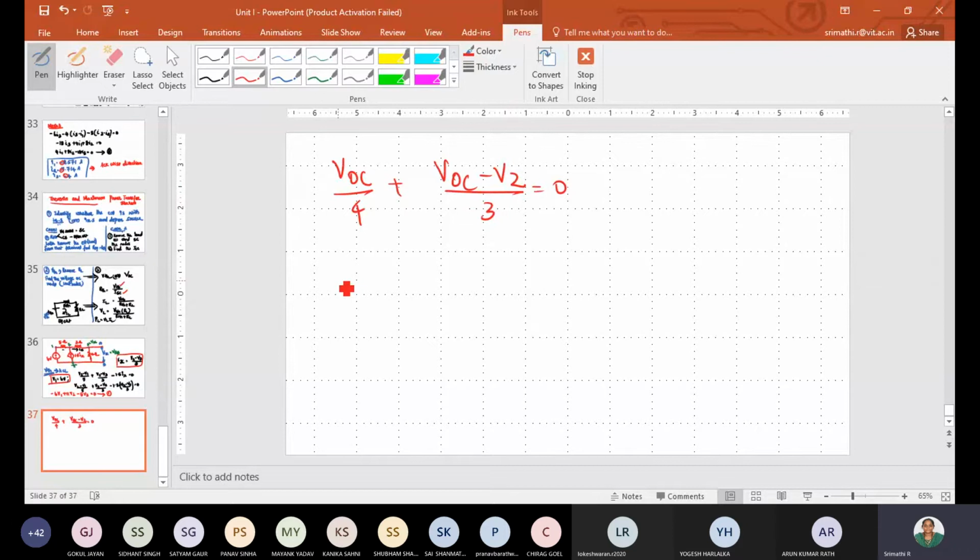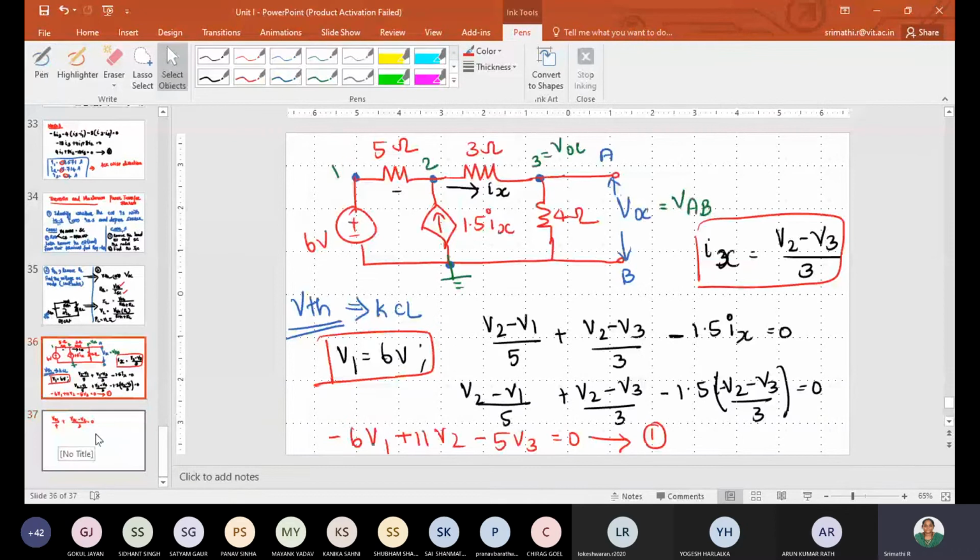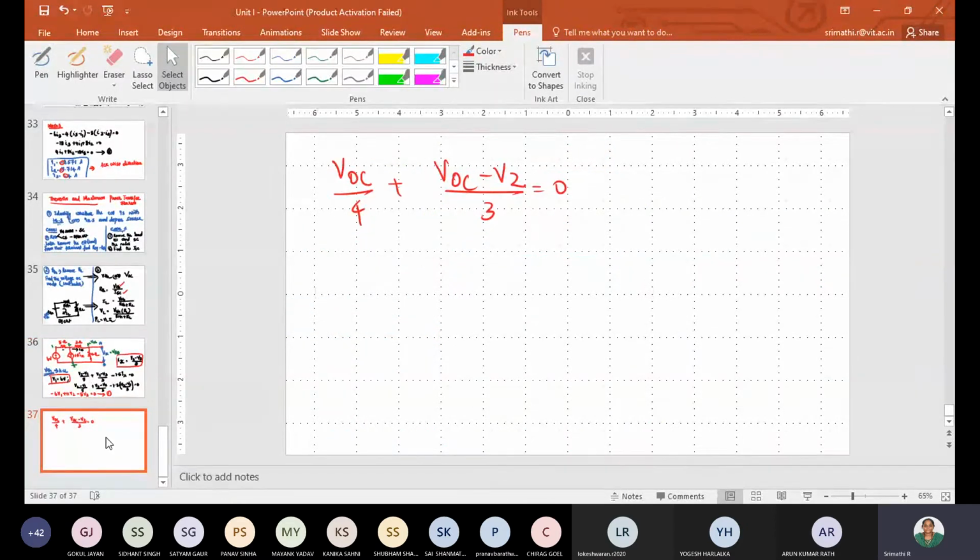Rearrange this equation again and tell me the equation. Make it fast. Ma'am, 7 VOC minus 4 V2 is equal to 0. Yes, ma'am.